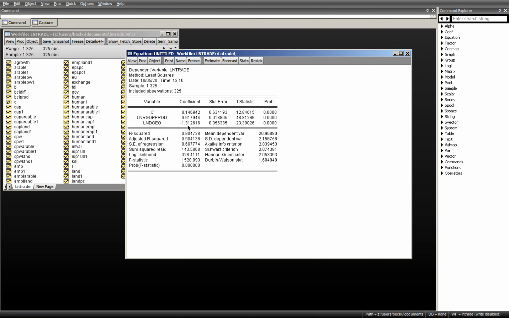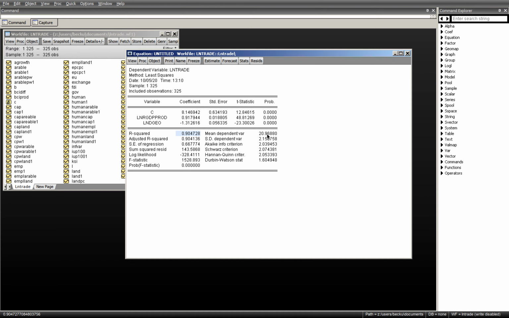Okay, so we now know how those factors influence trade, but how important are they? For that, the best way is to look at R squared. R squared for this model with just two variables is over 0.9. So with just those two variables, we are able to explain over 90% of variation in trade.